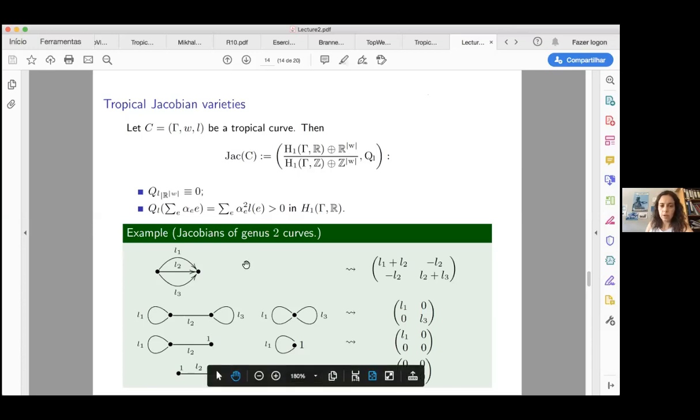So, yeah, back to the example here. These are all curves of genus 2, and it's not hard to compute their Jacobians.